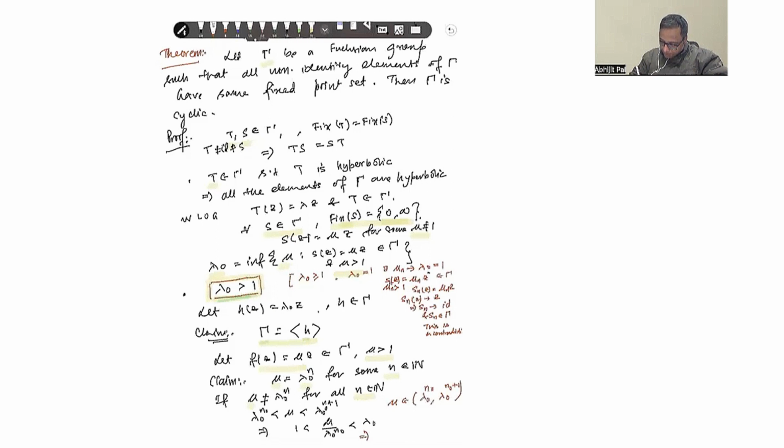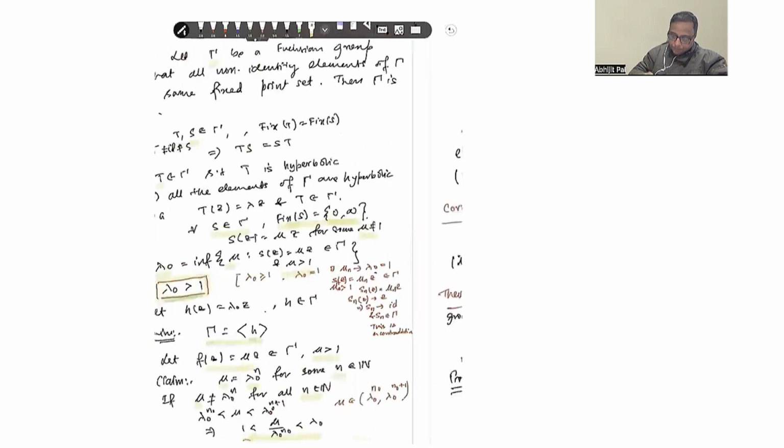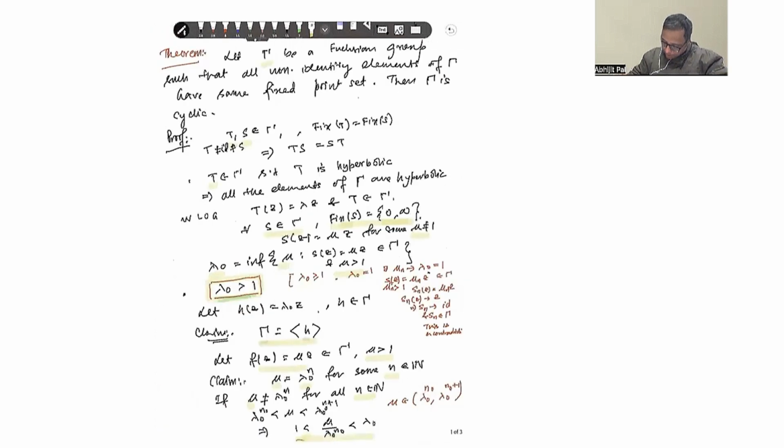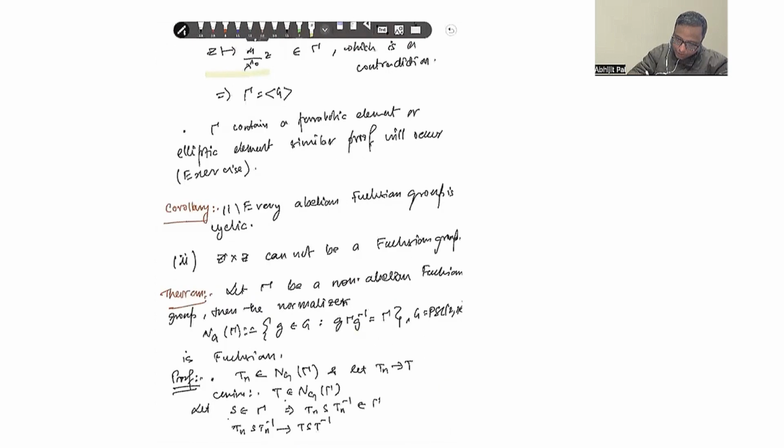So we have this inequality here, and this mu by lambda naught to the power n naught is less than lambda naught. So this is basically this map, where here it will be lambda naught to the power n naught.